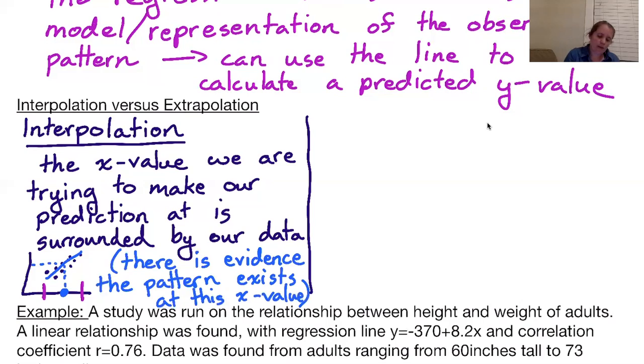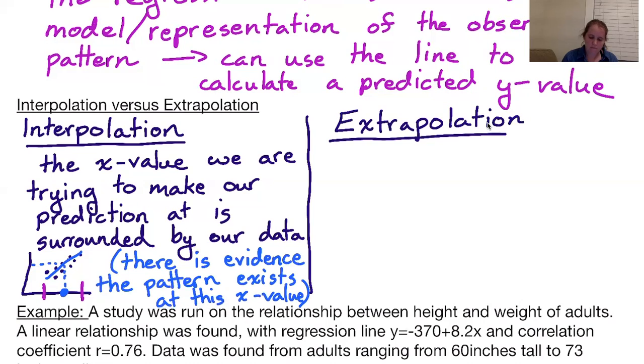For extrapolation, the x value we're trying to make our prediction at is away from the rest of the data.